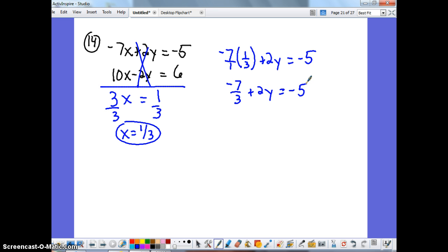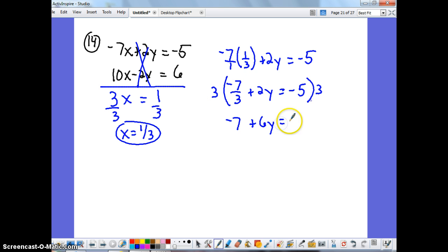I'm glad I have this one because you can see what's going to happen with a fraction. We don't like those fractions. We always have said we're going to get rid of the fraction. This 3 is what's making it a fraction right now. So what I'm going to do is the opposite. It's negative 7 divided by 3, so I'm going to multiply by 3 everywhere. That's 3 times the negative 7/3, which is just negative 7. 3 times the 2y is going to be 6y.